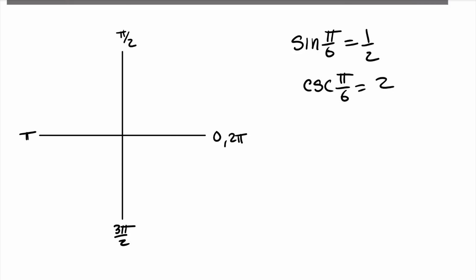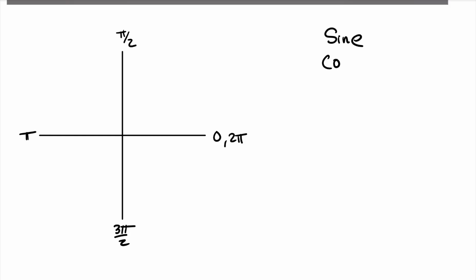Cosecant of pi over 6 is just flip it over. So if sine is positive, so is cosecant. If cosine is positive, so is secant. If cotangent is positive, so is tangent, because they're just reciprocals. You're not going to flip over the number and change the sign. This isn't perpendicular lines.